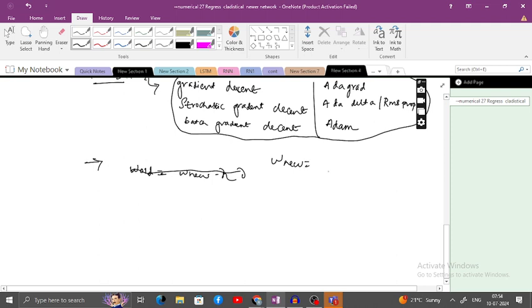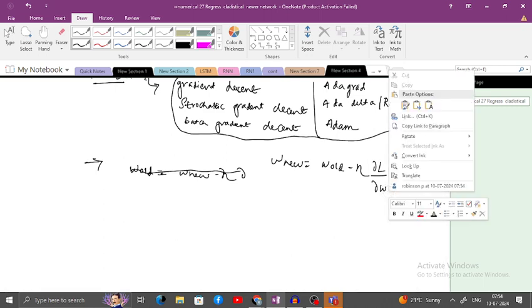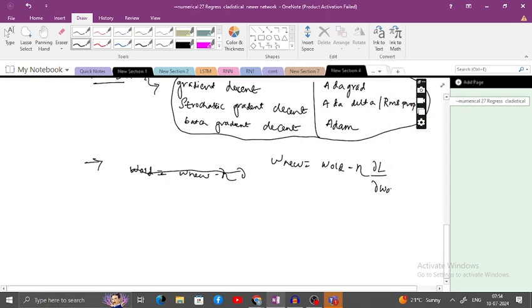The new weight is equal to the old weight minus eta into the derivative of the loss function with respect to the weight. This is how the weights are updated. So you have a neural network, you have W, this is the node, and this is the output.